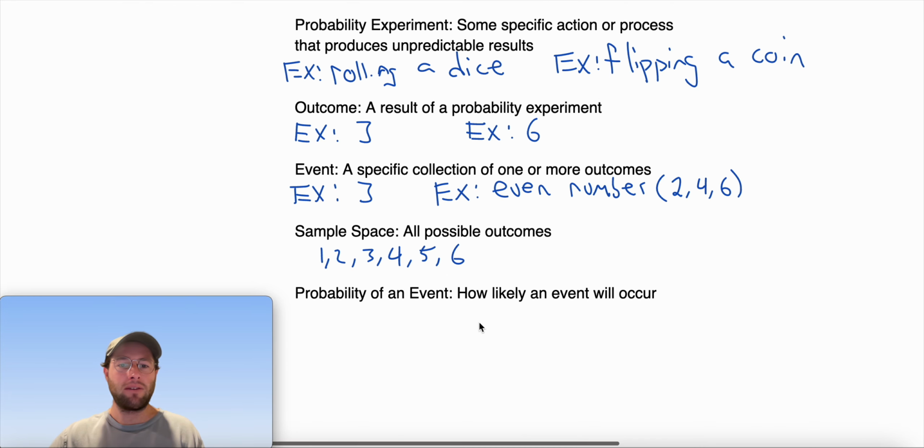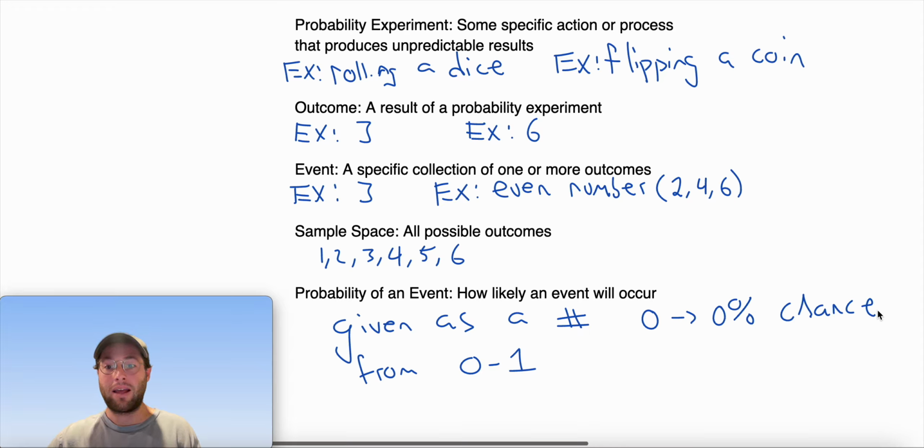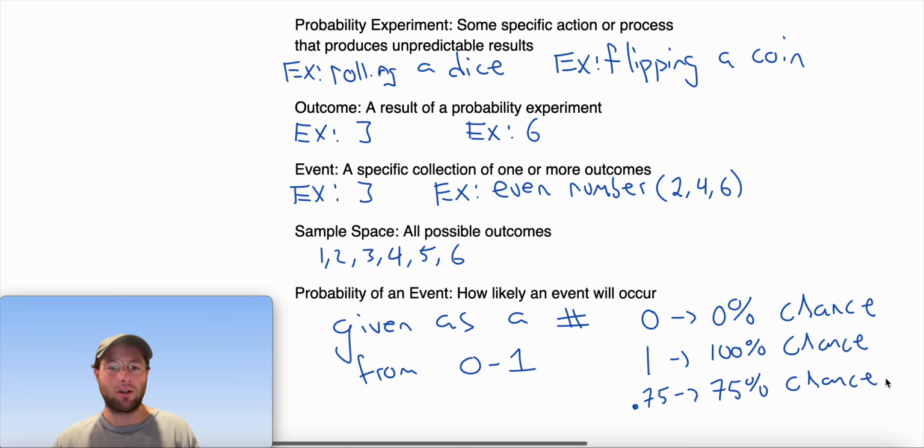This is given as a number from 0 to 1, with a 0 representing a 0% chance that the event will occur, a 1 representing a 100% chance that the event will occur, and something like 0.75 representing a 75% chance the event will occur.